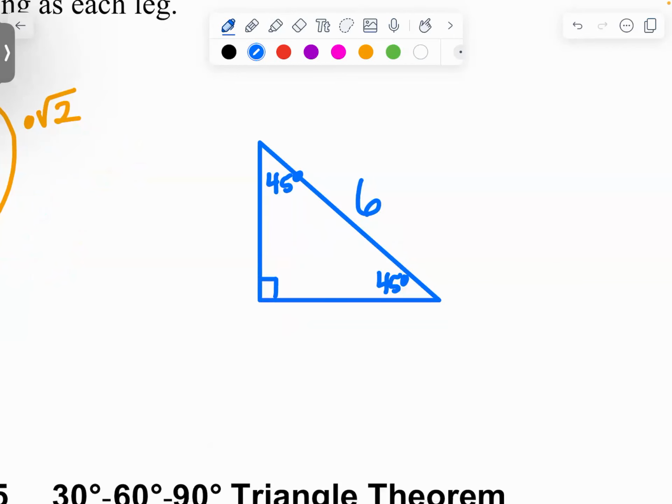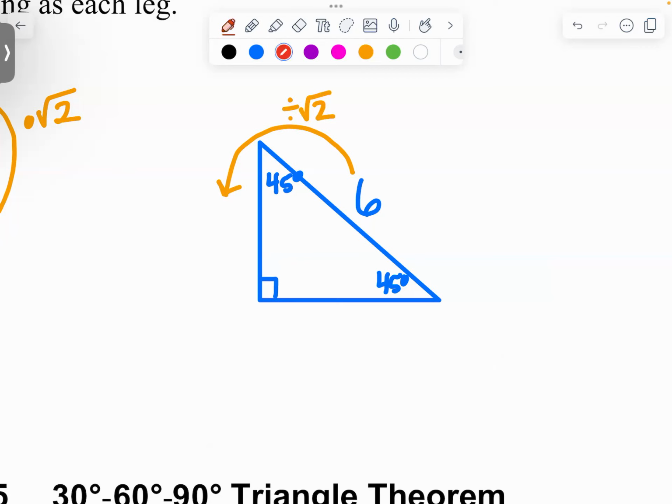These are the types of problems where we have to do some algebra things, which is why we spent 2 days working on radicals last week. So what piece do we have? We have the hypotenuse. So in order to get from our hypotenuse to the leg, we are going to have to divide by the square root of 2.